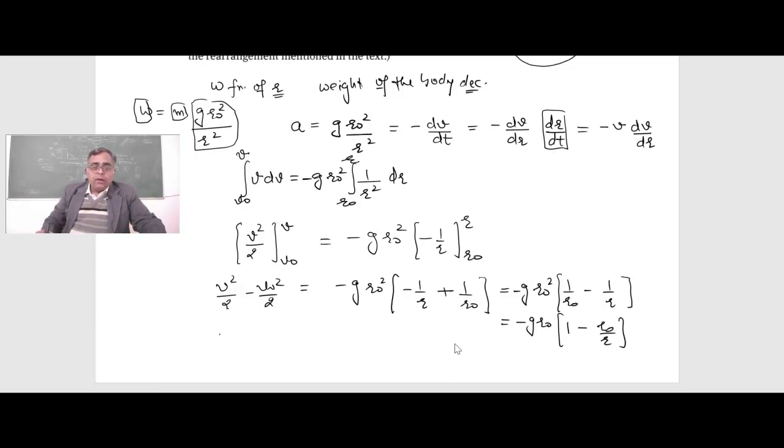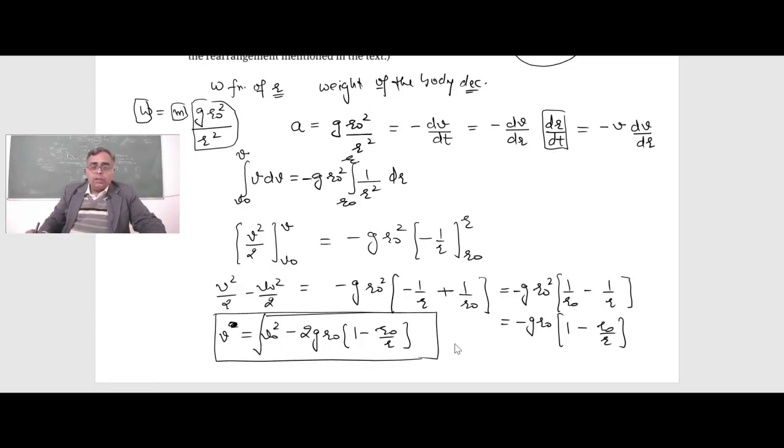And finally I can write v square equal to v naught square minus 2g r naught times 1 minus r naught by r, or removing the square and putting it under root here. So this is your final answer.